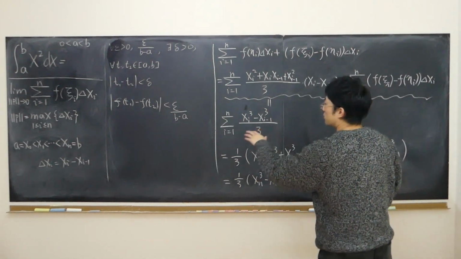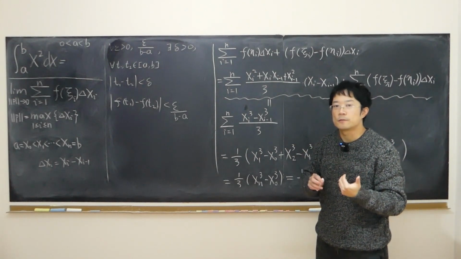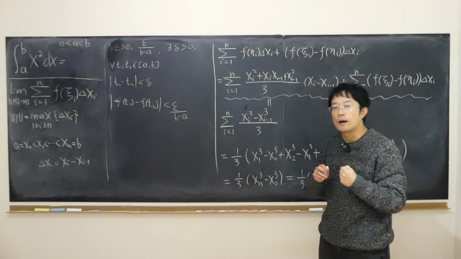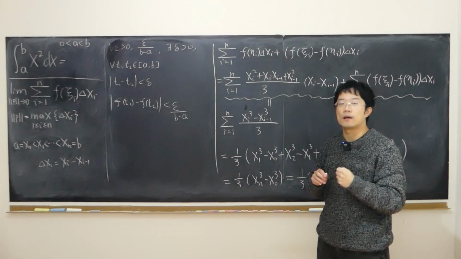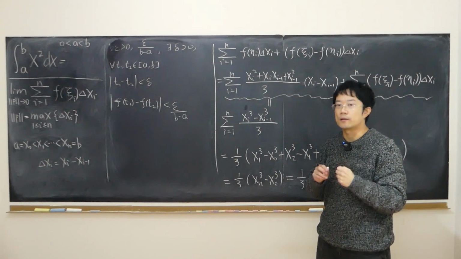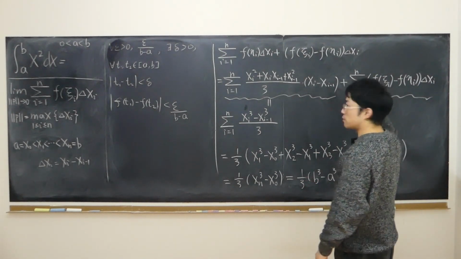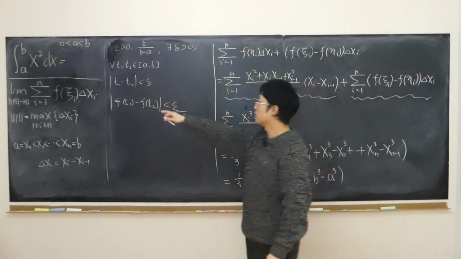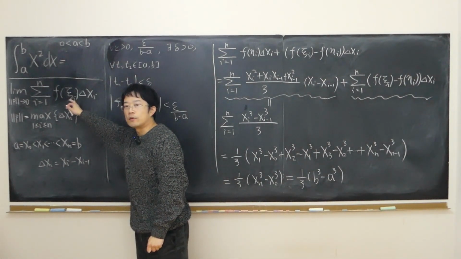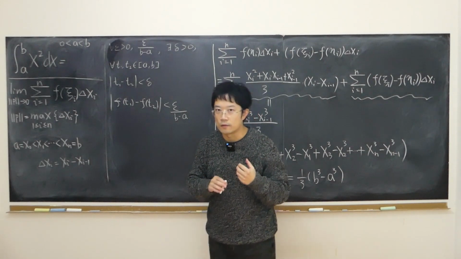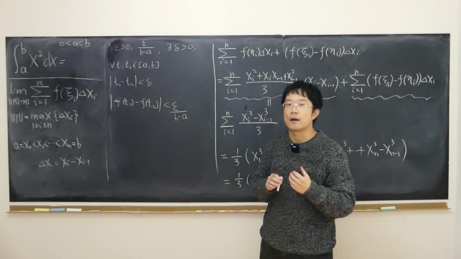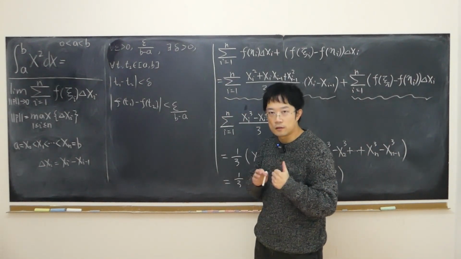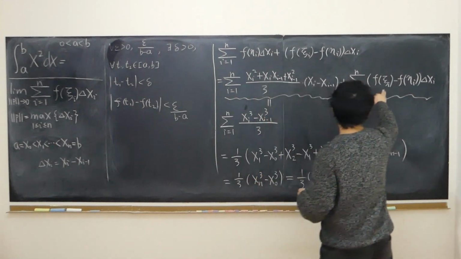Because previously I've proven that eta I actually lives inside the interval xi minus 1 xi. And Xi is also given, according to our original definition, to live inside the interval xi minus 1 xi. Therefore, their difference.